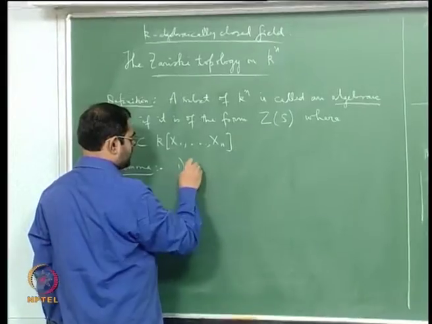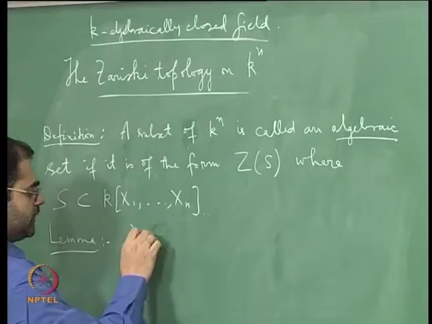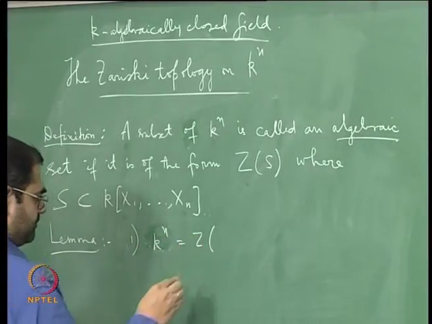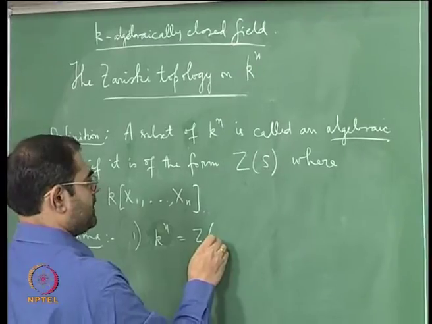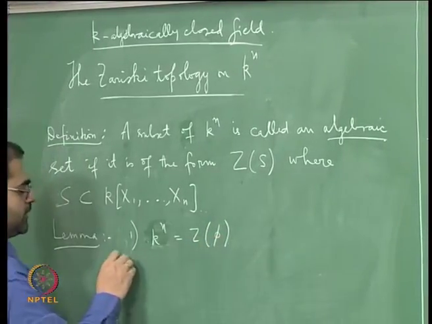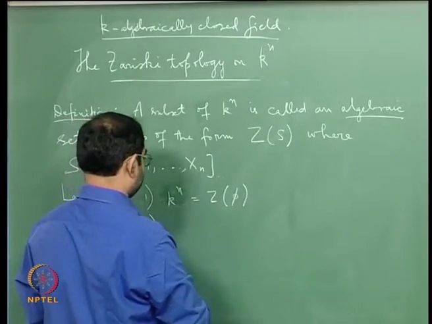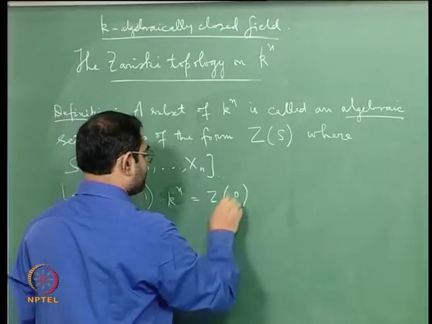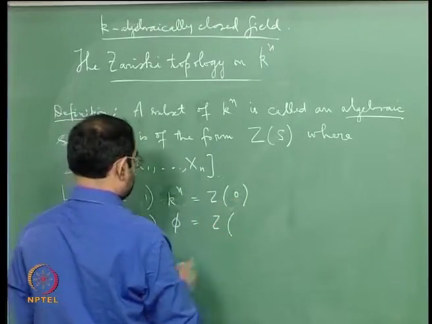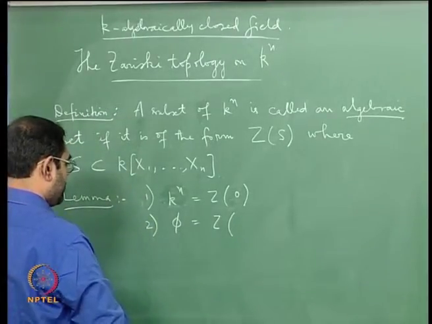Number one, the whole space is Z of the null set, or rather I should write Z of 0. Two, the null set is Z of, well, maybe I can take the whole ring.